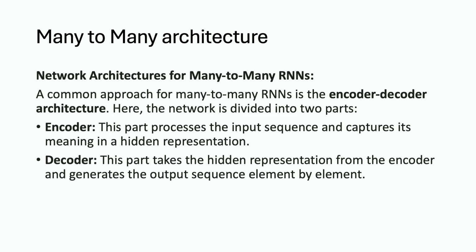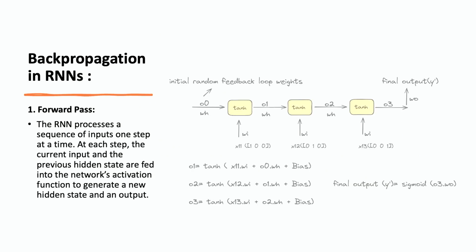The decoder part takes this lower compressed information and expands it into another type. This is how, for example, given English language, it will translate to French language.